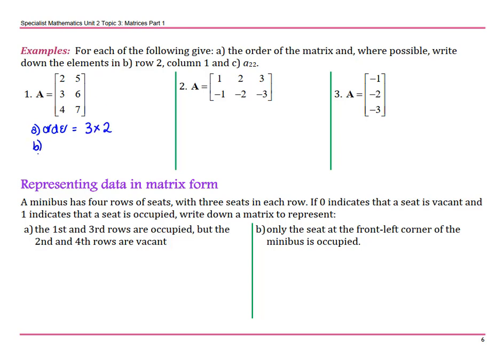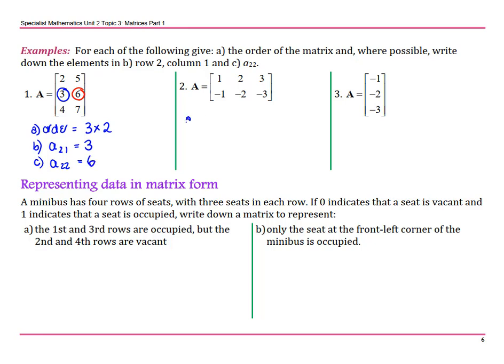For B, we're after row 2, column 1, which is second row, column 1, 3. For C, A22 would be row 2, column 2, so that's the 6.